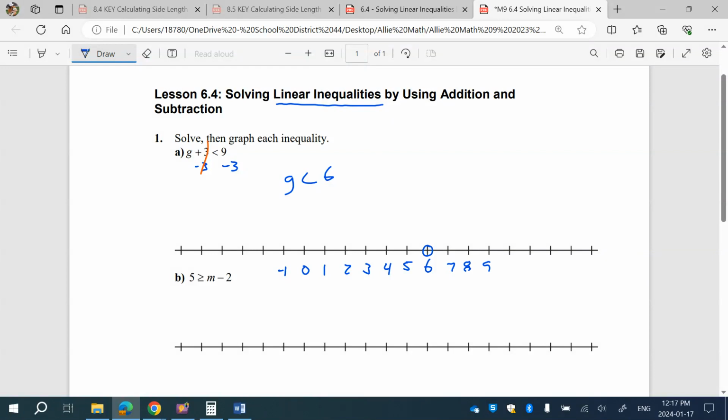And g is going to be less than 6, so it's going to be all of these values this way, going on and on. Okay, that's our first one. Remember, the not filled in circle equals less than, greater than. The filled in circle is going to equal less than or equal to, greater than or equal to.